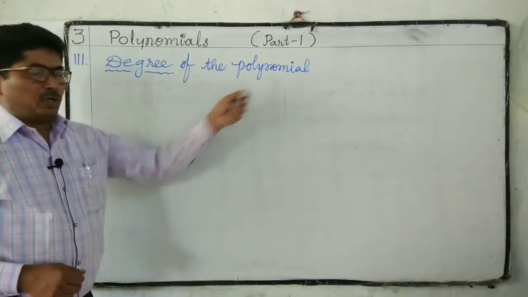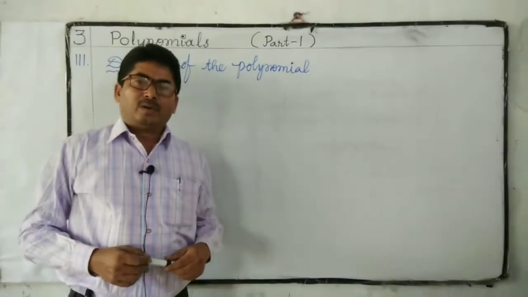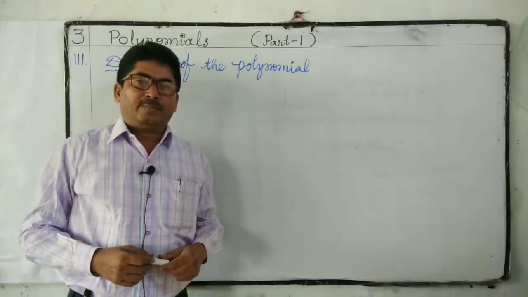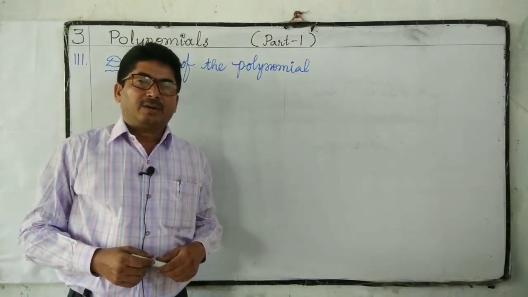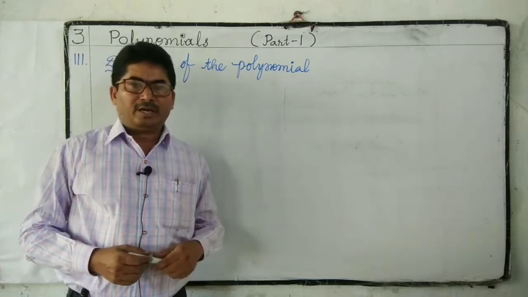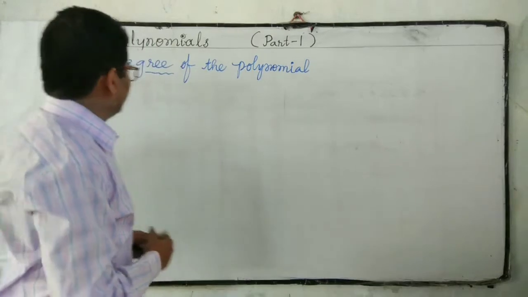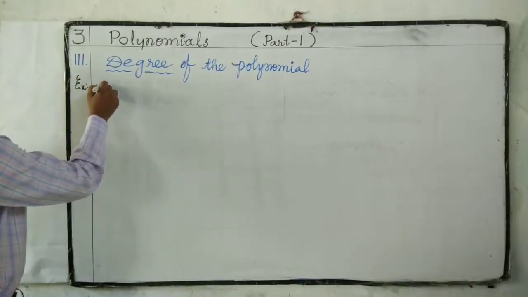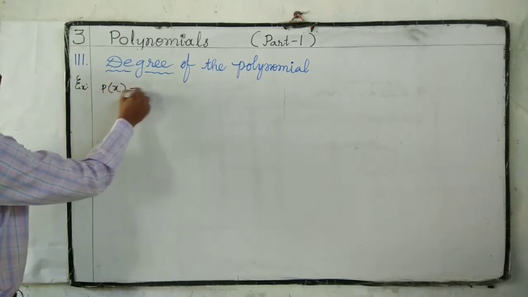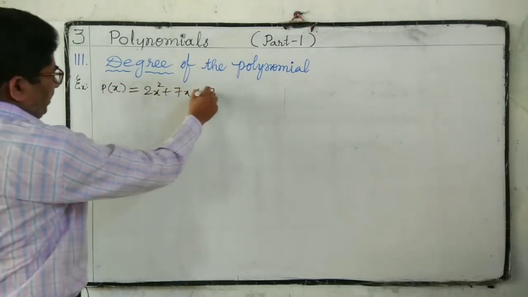Degree of the polynomial: the highest power of x in a polynomial p of x is called the degree of the polynomial, the highest power. For example, p of x is equal to 2x square plus 7x plus 3.